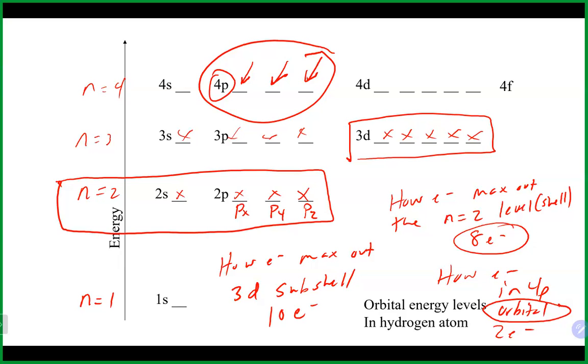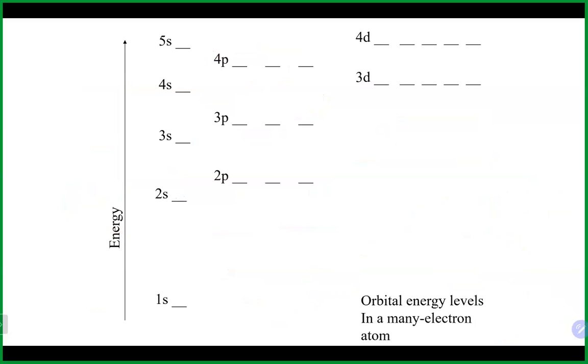Okay, so back to the original picture there. With one hydrogen electron present, everything's perfectly equal on all the energy levels. All the orbitals on the third energy level are equal in energy. All the ones on the fourth energy level are equal in energy. What happens when we get more than one electron, which is after hydrogen, is there's actually a shift in the energy.